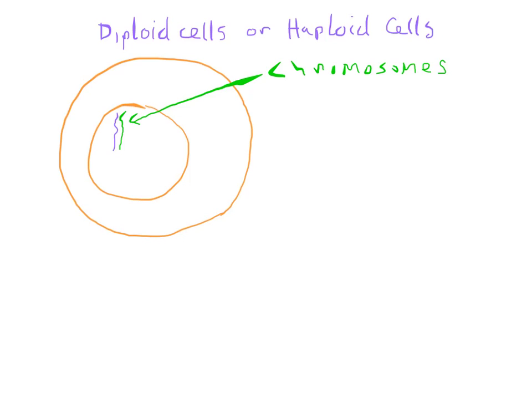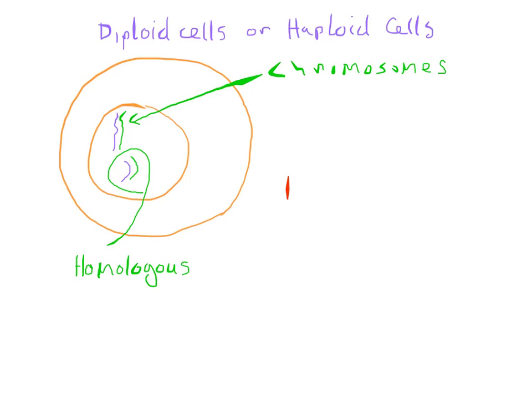For simplicity, we will say that this cell has two pair of chromosomes: the green ones from, say, the female parent, and the purple ones from, say, the male parent. And since they're matching, we call the matching set homologous.